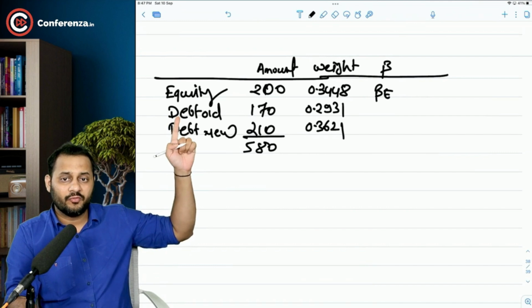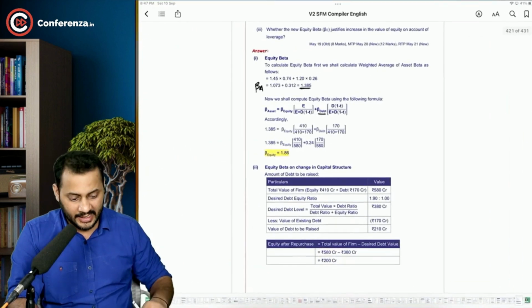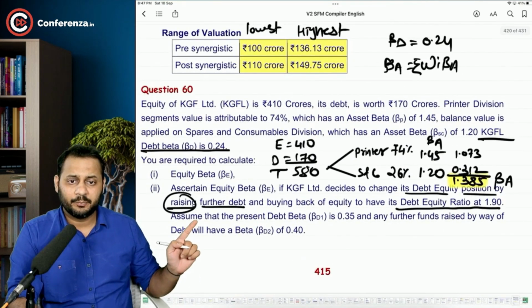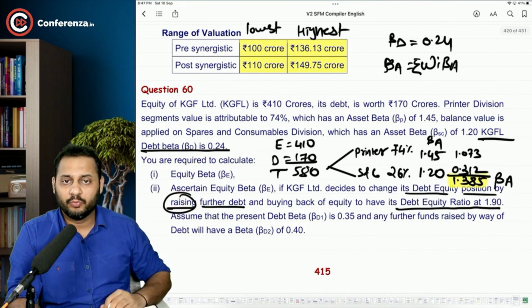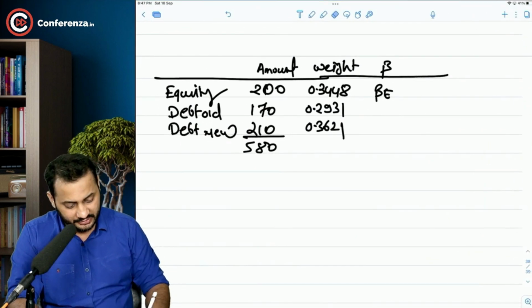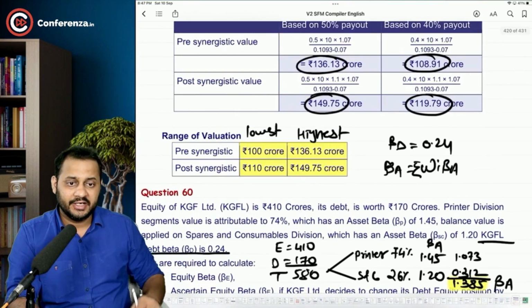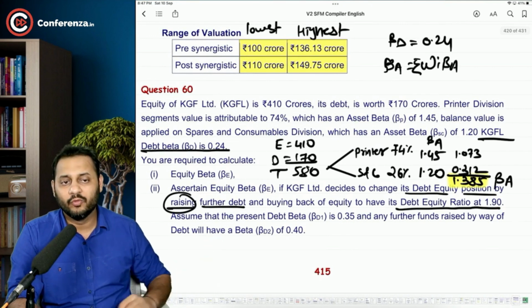What is the beta of old debt and new debt? Old debt is 0.24, right? And listen to this. Assume that the present beta debt is 0.35. Now they have changed this beta from 0.24 to 0.35. So let's change it. It is now 0.35, and the additional debt that we are going to raise will have a beta of 0.40.